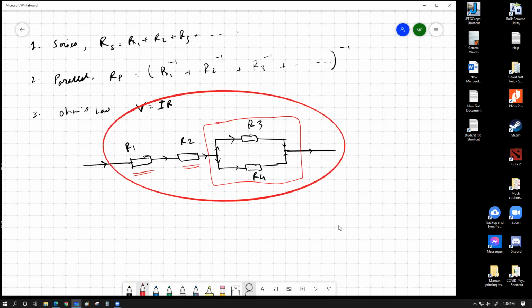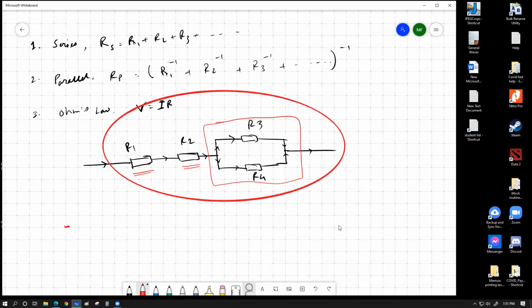One of the simple ways, using two sentences, is to say that R3 and R4 are in parallel combination, full stop. This combination is in series with R1 and R2.